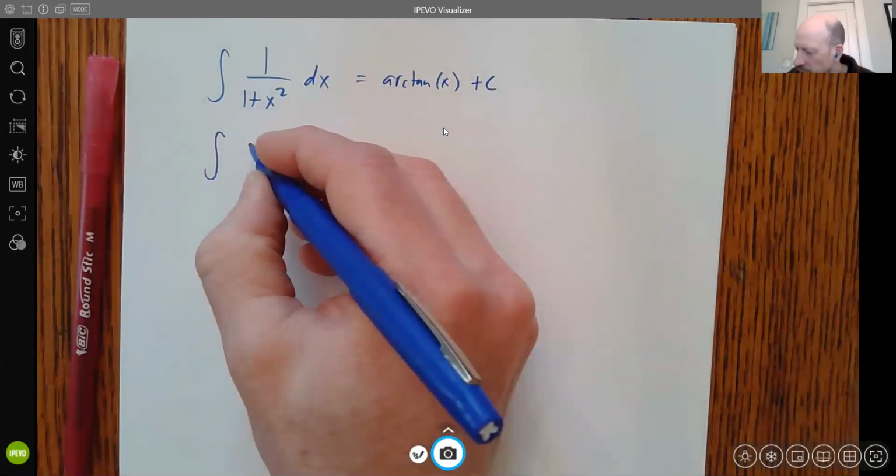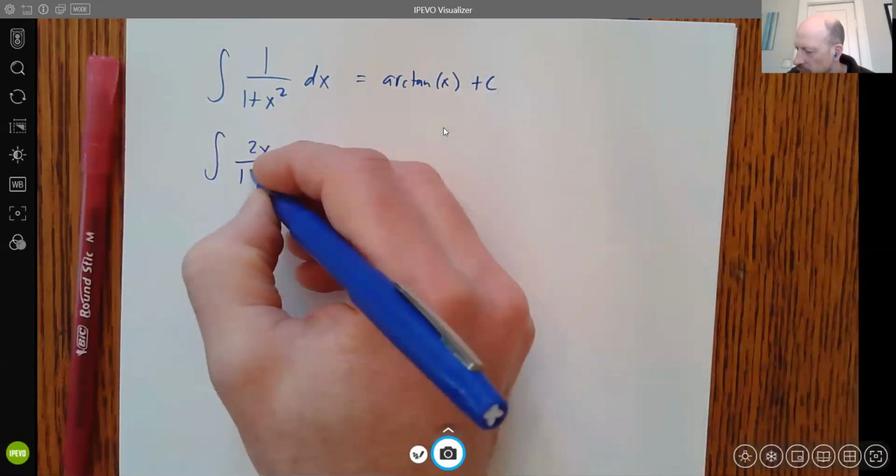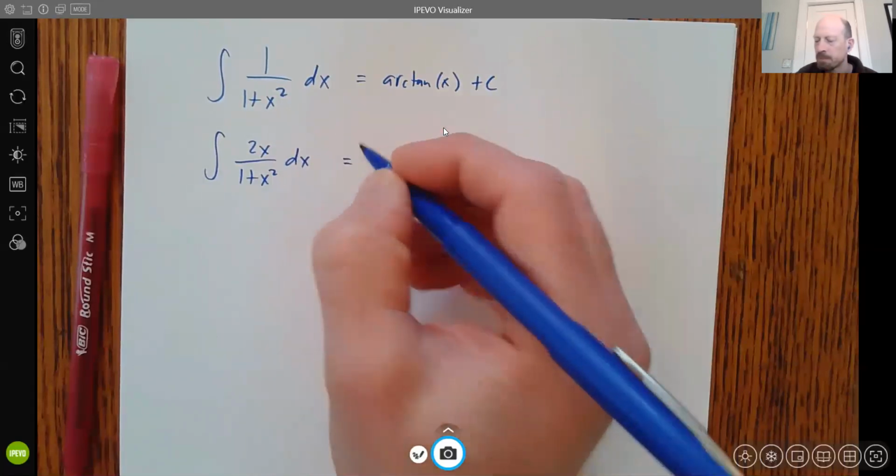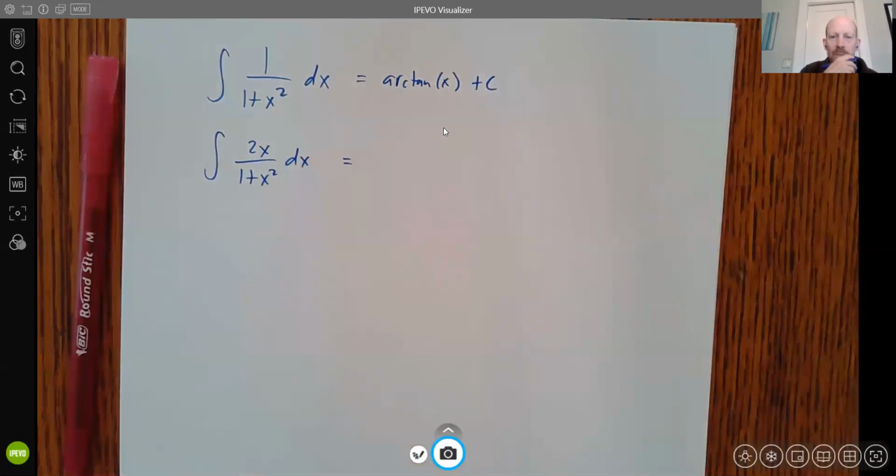On the other hand, if I write this function, you know, obviously the 2x is something different, right? I mean, that changes it.